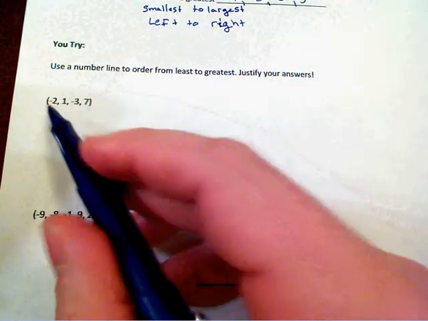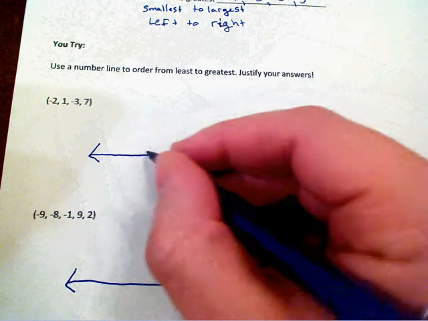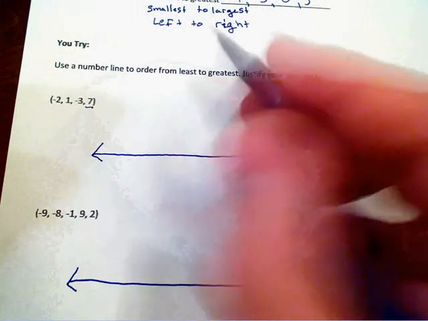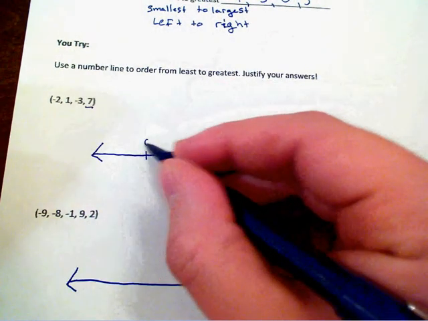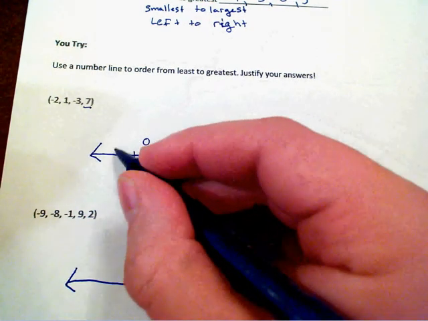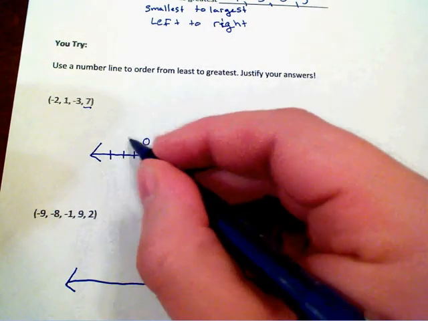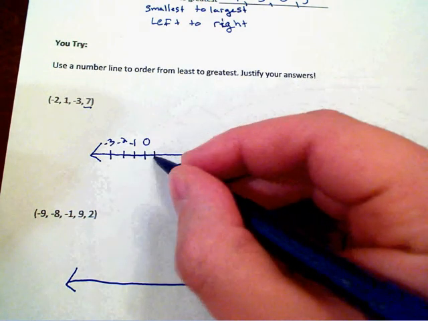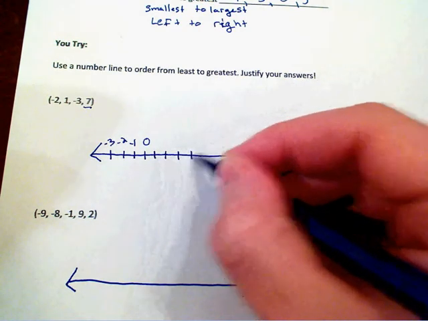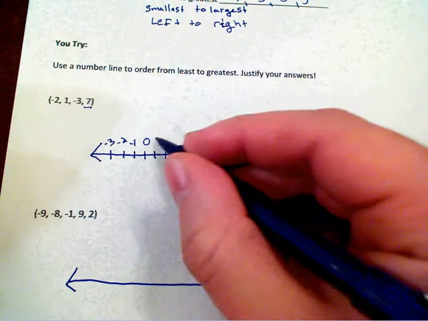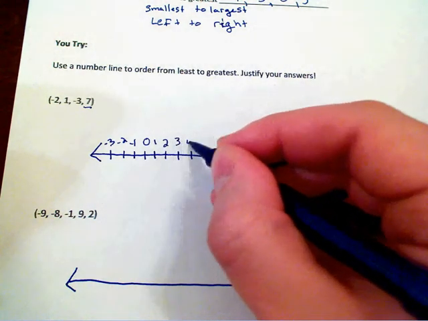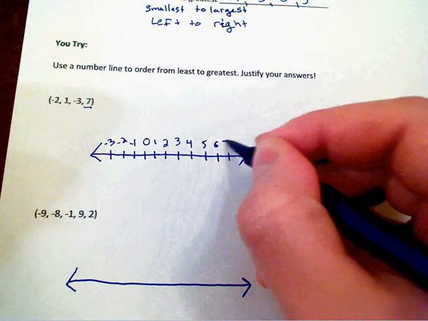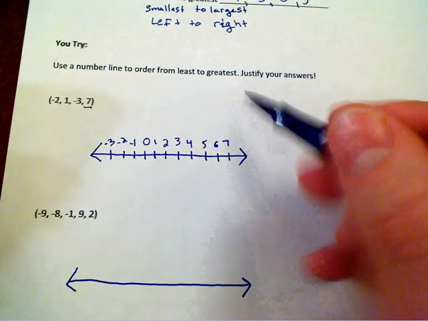Now, I have numbers that are positive and negative, but my 7 is my largest number here, so I'm going to move that 0 all the way down over here. I go -1, -2, -3, put in my integers. Then +1, 2, 3, 4, 5, 6, 7. I'm going to place those numbers on that number line.